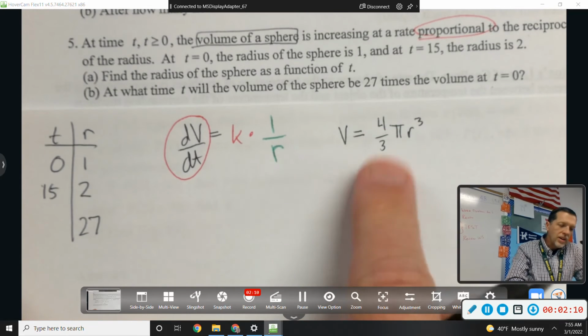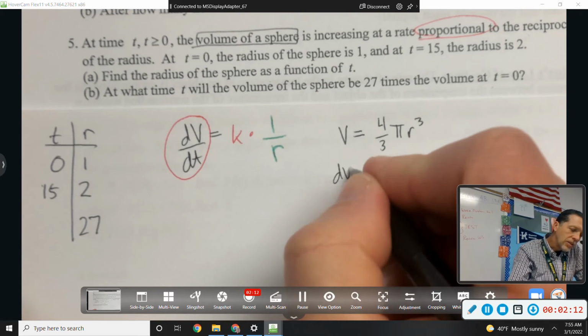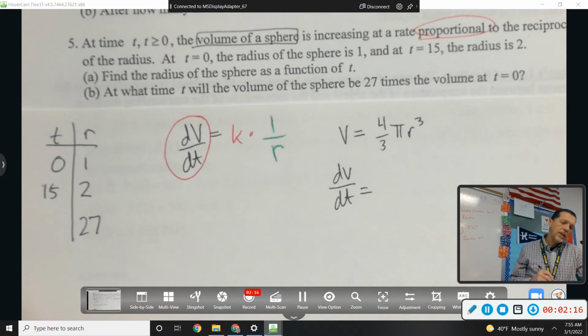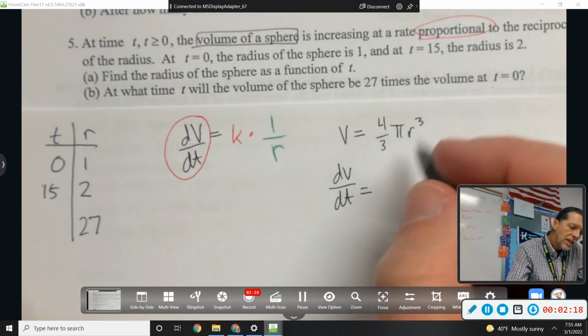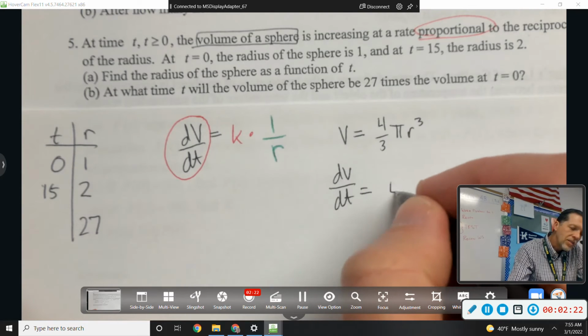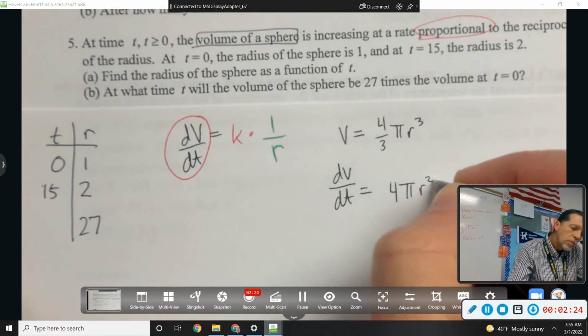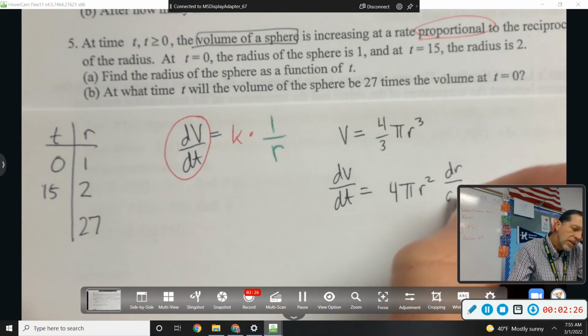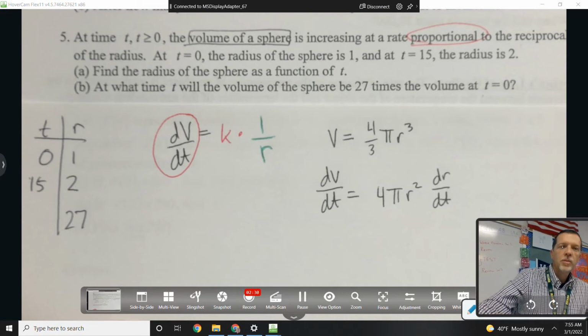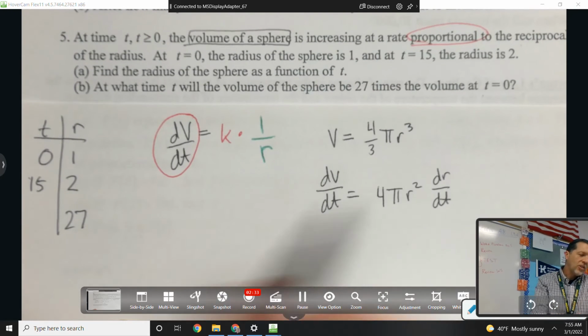So how about I come over here and take a derivative. dV/dt would be, multiply the 4/3 by 3, that's convenient, 4 pi r squared dr/dt. So yeah, I can see why number 5 would be tricky, because it has this extra equation thrown in there.